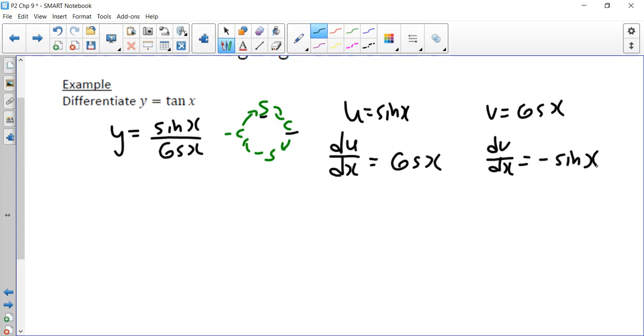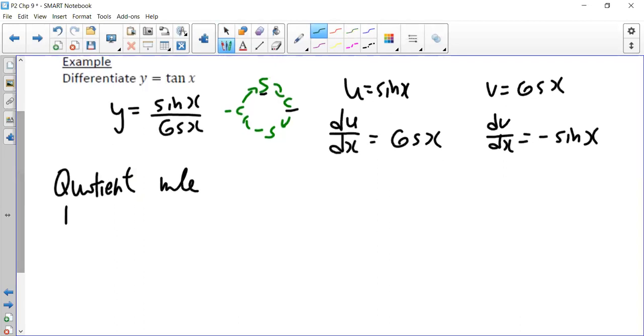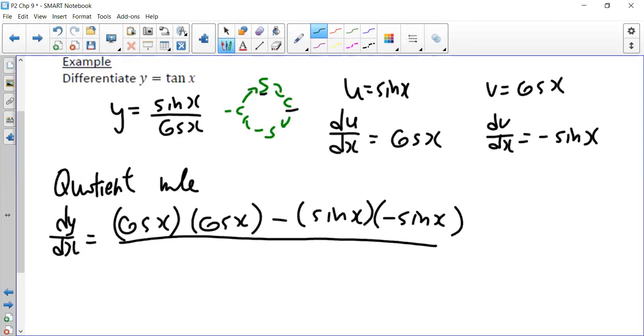Then we can use the quotient rule. So I'm going to apply the quotient rule here. The quotient rule is dy by dx equals v du, that's cos x times du, cos x, minus u dv, that's sine x times negative sine x, over v squared. v squared is cos squared x.